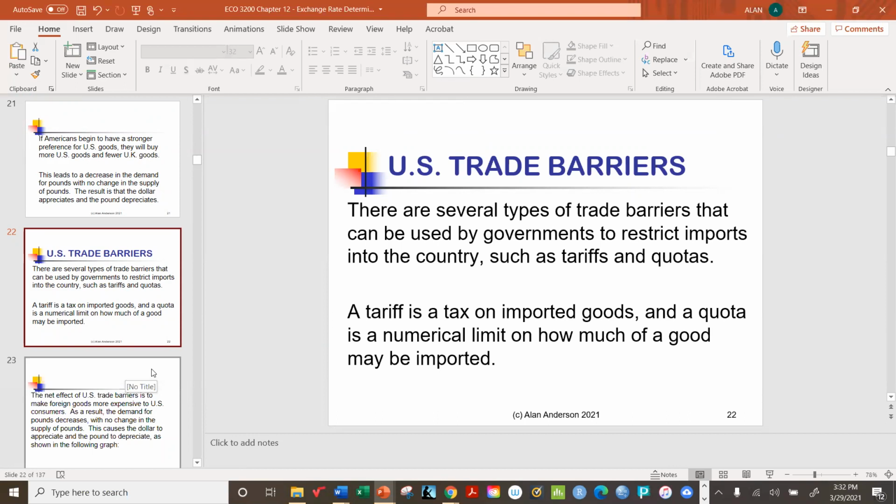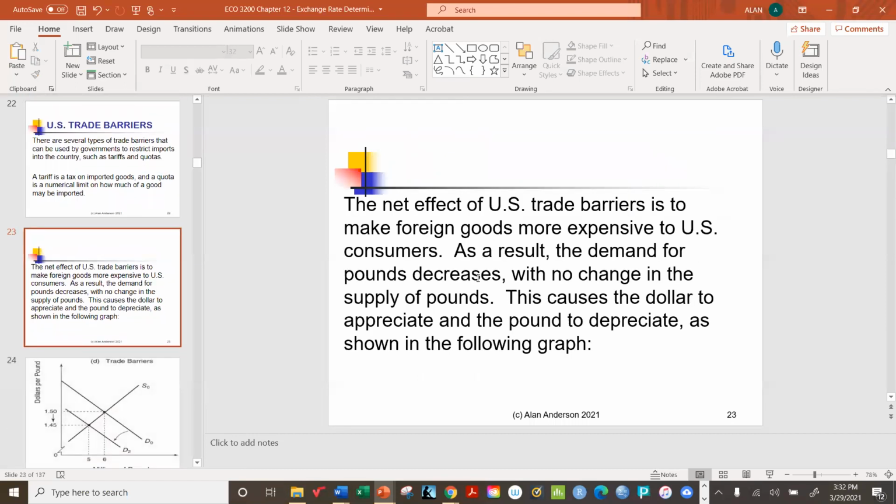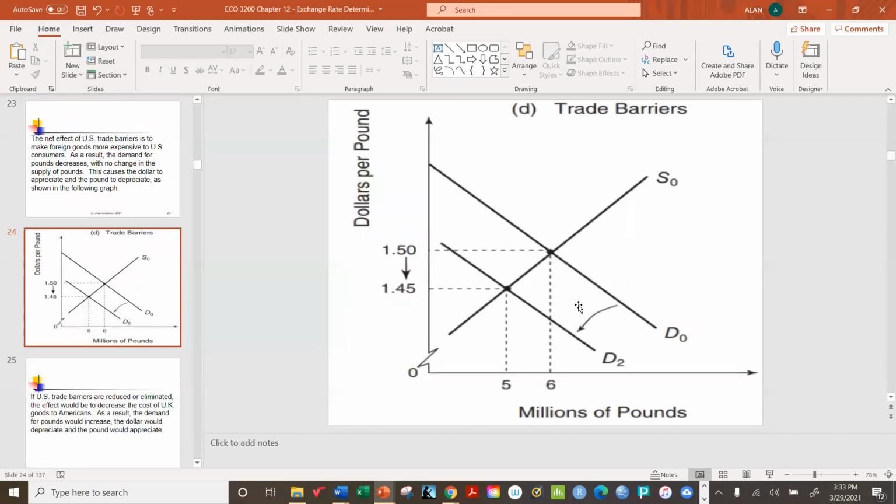That being the case, we'll probably buy fewer British goods, and therefore, as a result, the demand for pounds will decrease. And in the process, that will make the dollar stronger. All right, this is what it looks like.